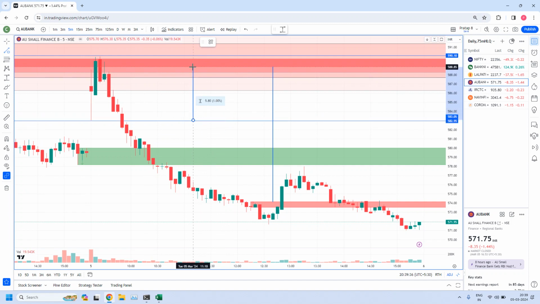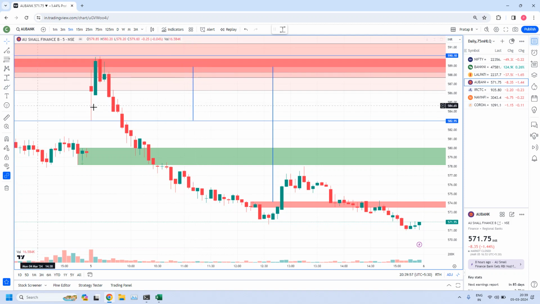Those who exited would have got only around 5 rupees 80 paisa or close to 6 rupees profit.